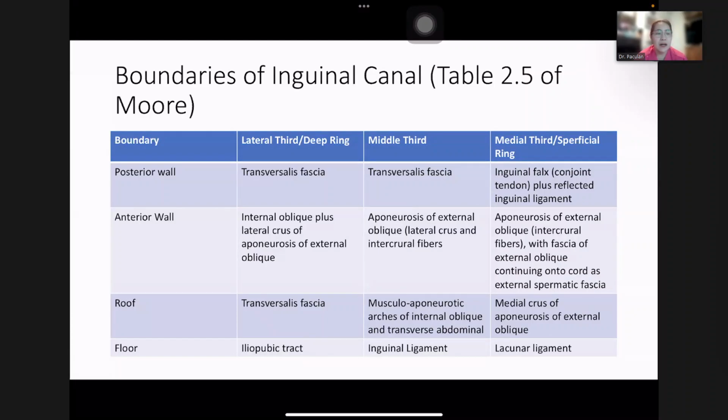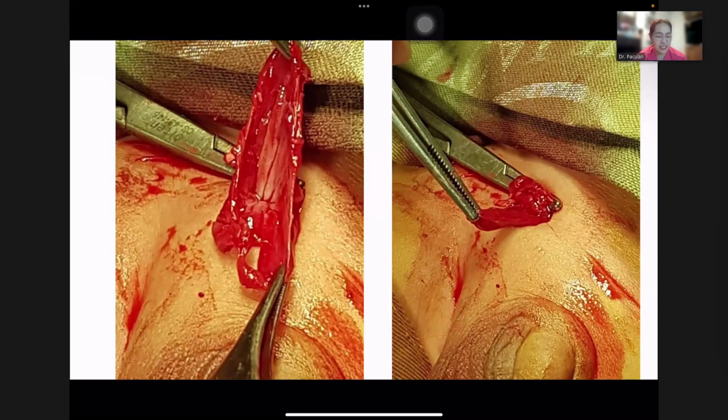This is a surgery I did too, but it was quite bloody. This was during my training in PGH. The patient was young, maybe 3 years old. That is a hernial sac that I exposed.